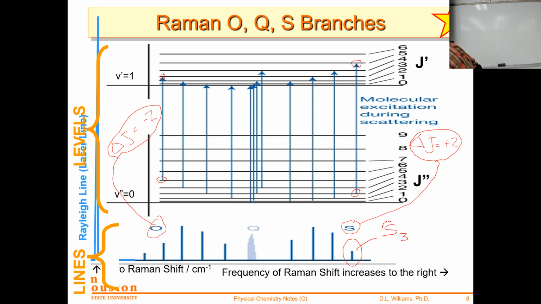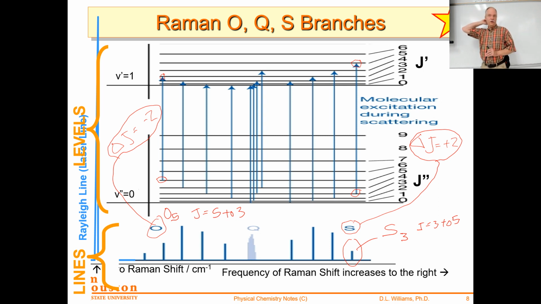So just using this terminology, we can say this goes from J equals 3 to 5. And this one here, that started in 5 and went down to 3, is an O5 line. And so that means J goes from 5 to 3. So you've noticed the subscript is always the lower J value, and then the S or the O or the Q tells you how it's changing.